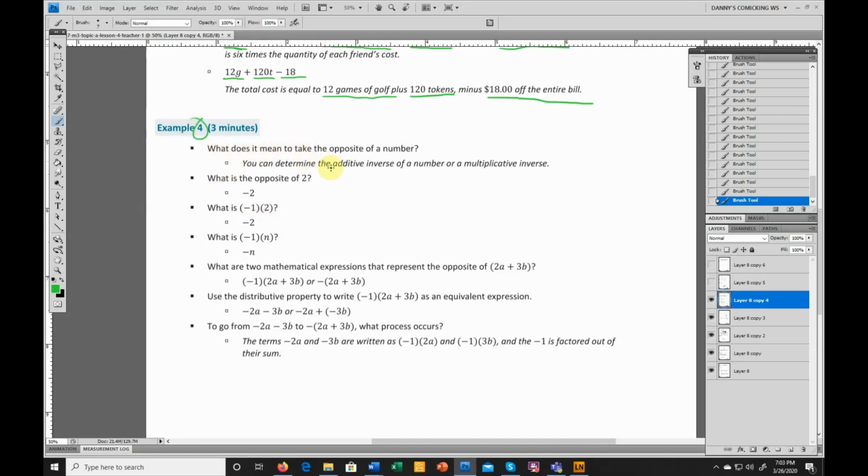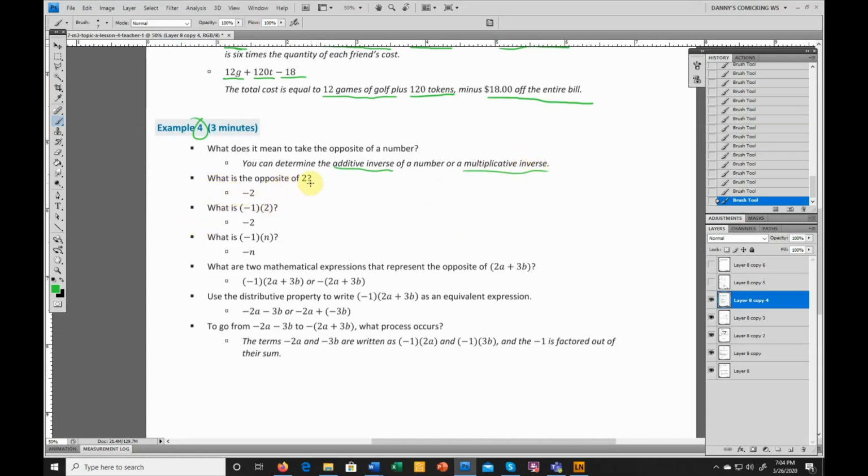What does it mean to take the opposite of a number? You can determine the additive inverse, or the opposite, of a number, or multiplicative inverse. That is a hard word. Multiplicative inverse. Try that a couple times. It's a tough word, but it's the multiplying opposite.